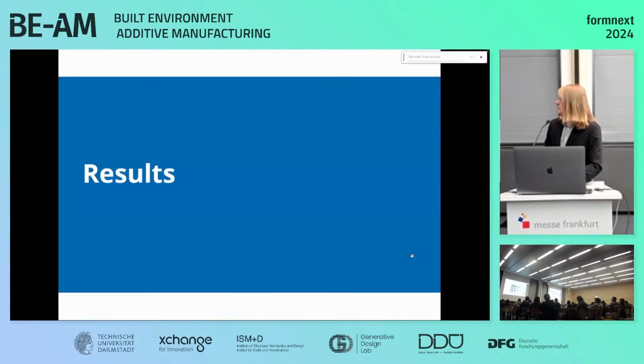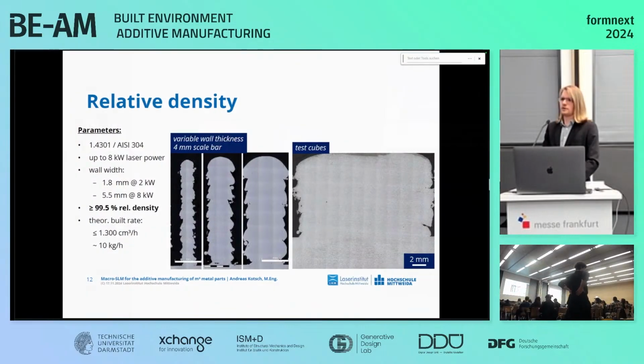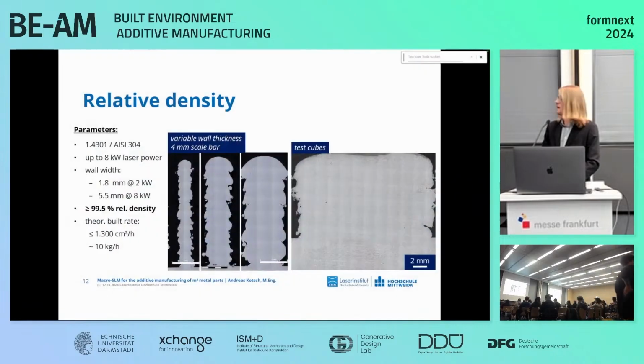To the results that we got. So since we are also a research institute, we want to look very well into the mechanical properties. So how are the structures that we actually build? How reliable are they? And I think you are aware that the most important value for this is the relative density.